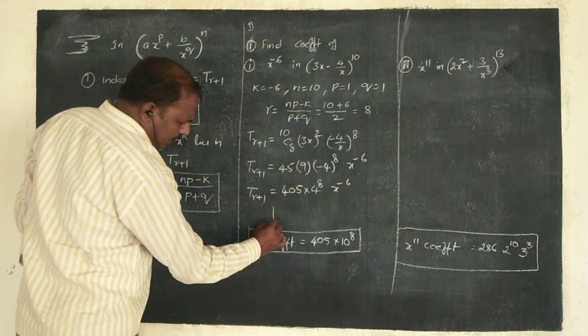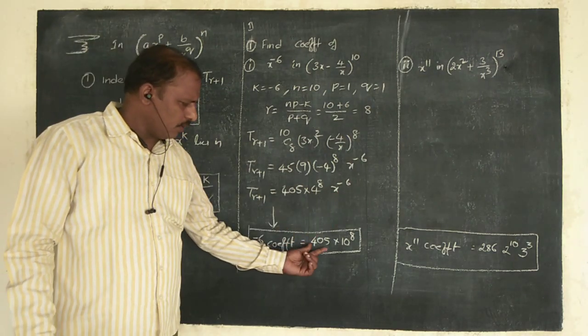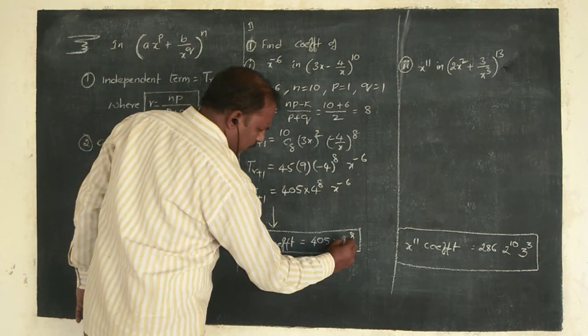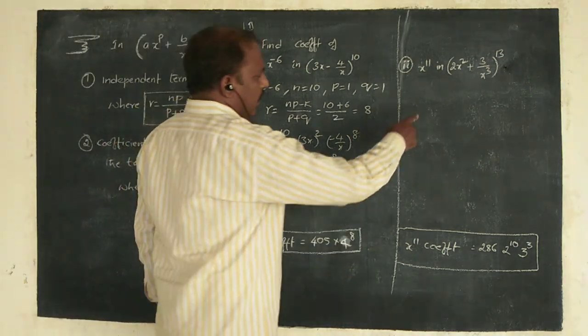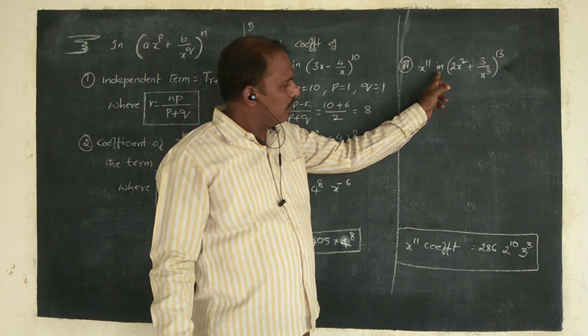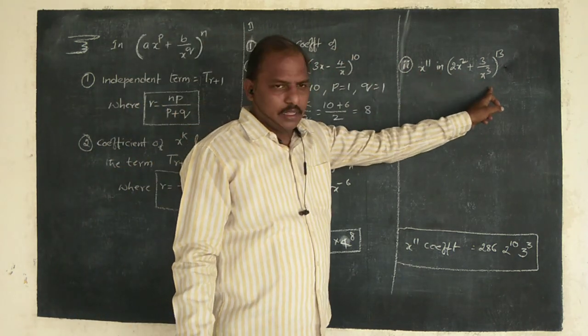Therefore, what you can conclude is the x power minus 6 coefficient is 405 into 4 power 8. Is it clear? Right. Similarly, look here, we have to find the x power 11 coefficient in this.